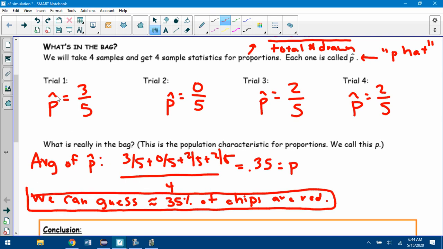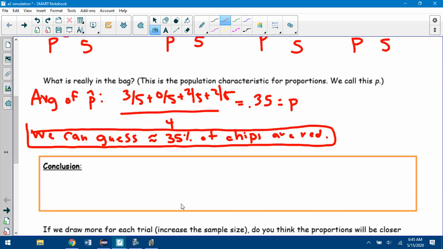But what we just did was a small sampling distribution. Each of these was a sample. All of them together is called a sampling distribution. And the average of all of those samples in my sampling distribution approximated the true population proportion. So let me write that in some confusing statistics words.